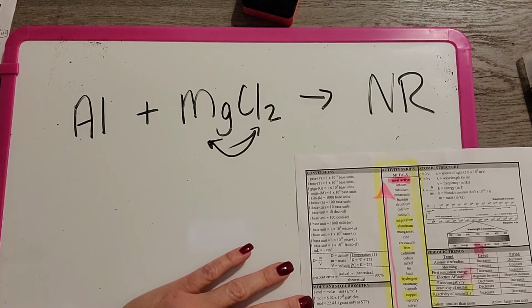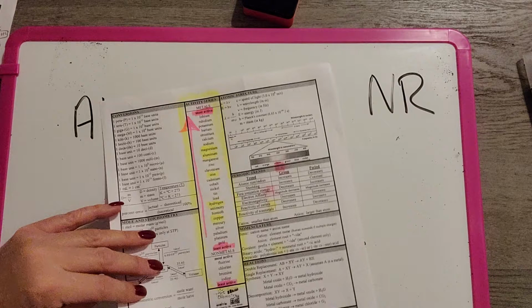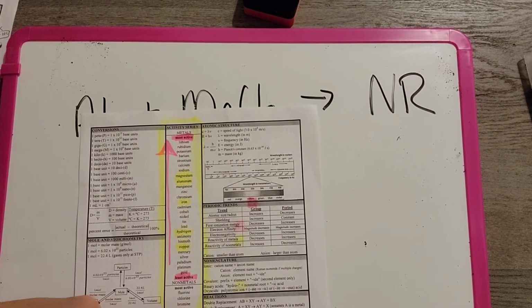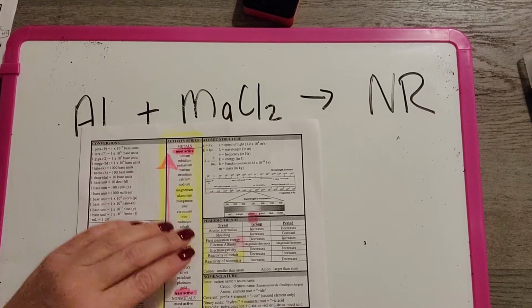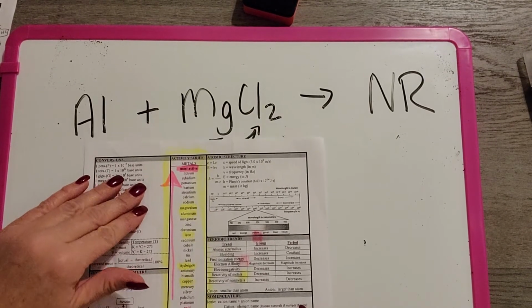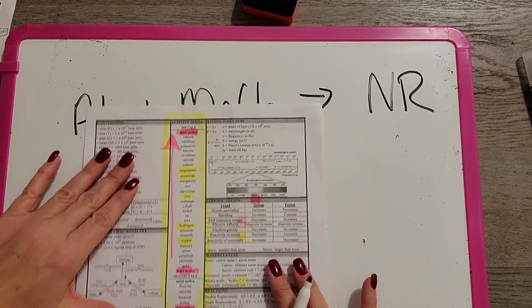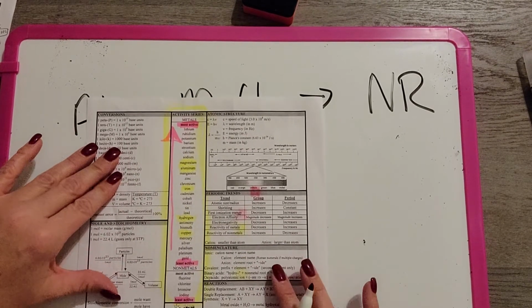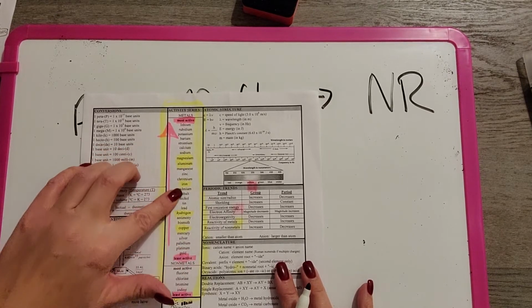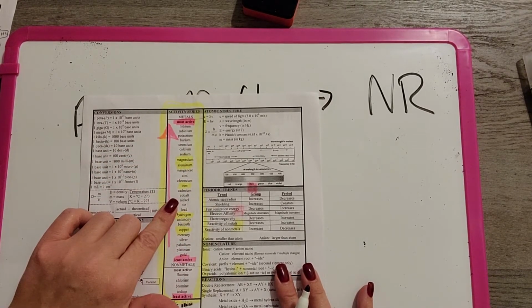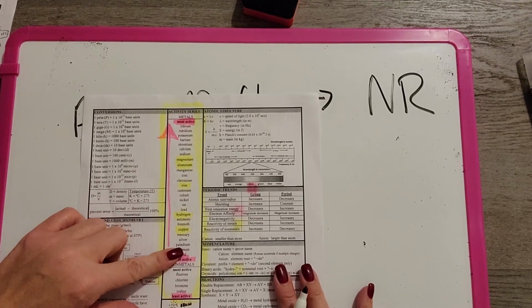So for the lab today, you are going to compare each of the metals with the compounds. Watch the lab video, and you'll be able to see the reactions happening, but it may not be very obvious. So if it's not too obvious and you're not sure if there's a reaction or not, all you have to do is look at the reactivity series on the paper, and then you'll know if the reaction happens or not.